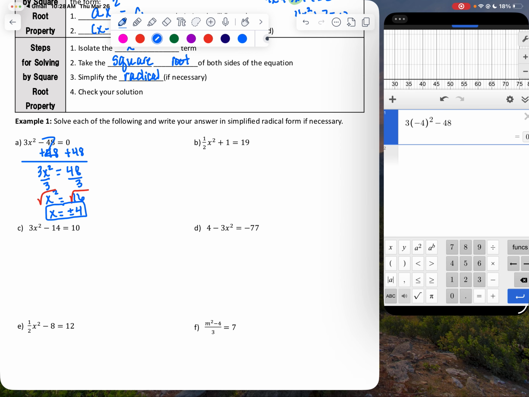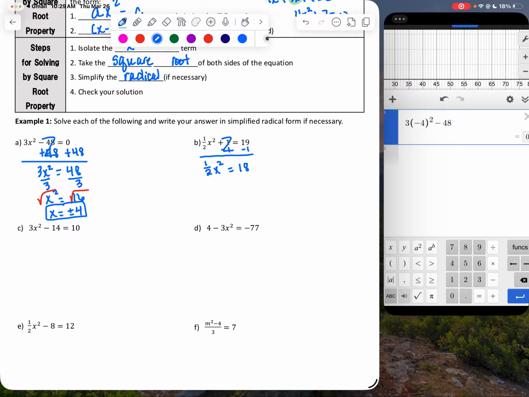All right, problem B. 1/2 x squared plus 1 is equal to 19. So step 1, isolate the x squared term. We'll subtract 1 from both sides, and that will give us 1/2 x squared. This will zero out. 19 minus 1 is 18.